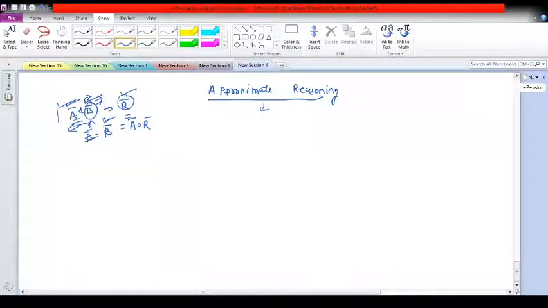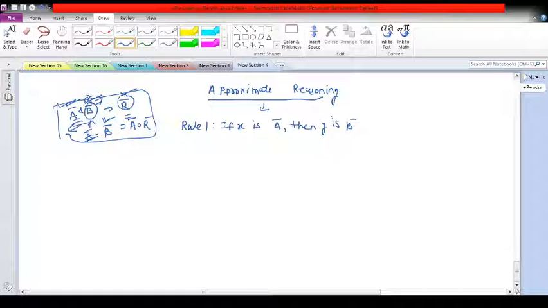To go into this computation, let me first define two rules. For example, rule 1 says that if X is A bar, then Y is B bar, and these rules are generally used to design a system, maybe a fuzzy logic controller or any expert system.